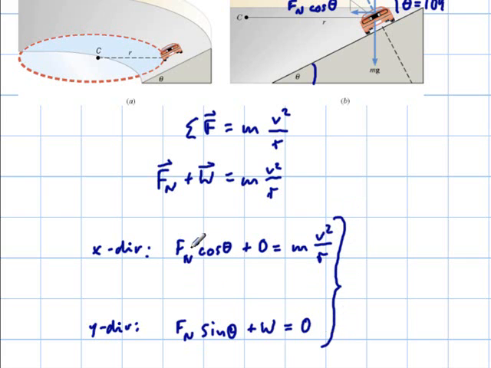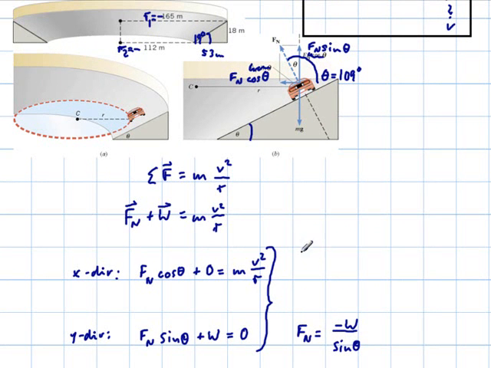We take these two equations, we get rid of one of these variables, and they don't even want to know what the normal force is. So we take the second one here, and it's going to say that Fn equals negative weight divided by sine theta, or negative W divided by sine theta. Of course, W itself is negative, so it's a negative negative. And now we take this and plug it into the other equation.